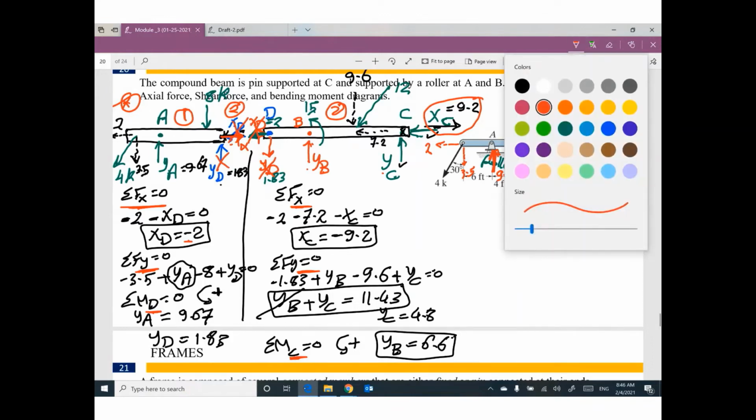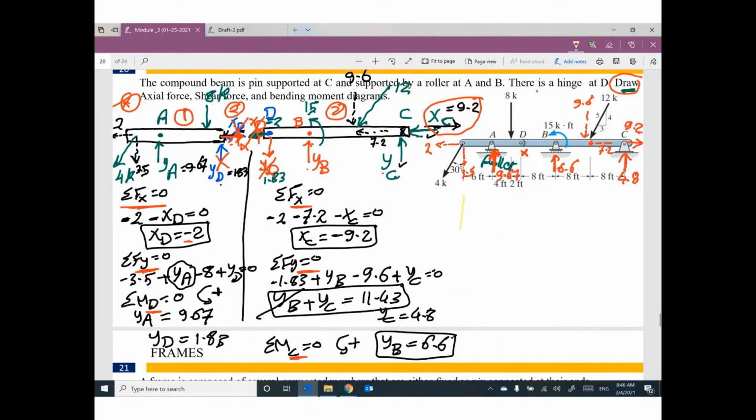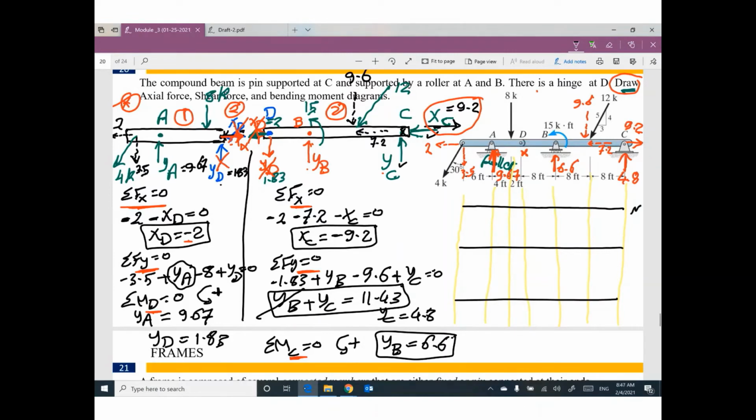So I will start to draw vertical lines, and then I will draw 3 parts. One for normal force diagram, for shear force diagram, for bending moment diagram.